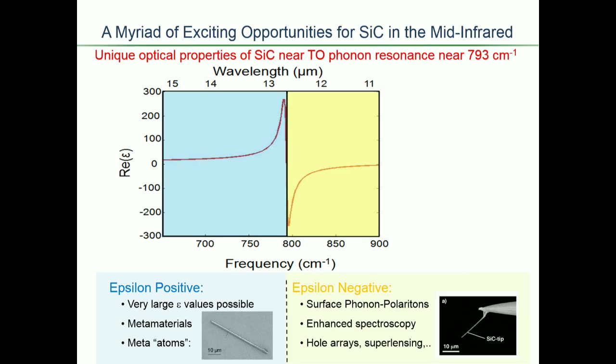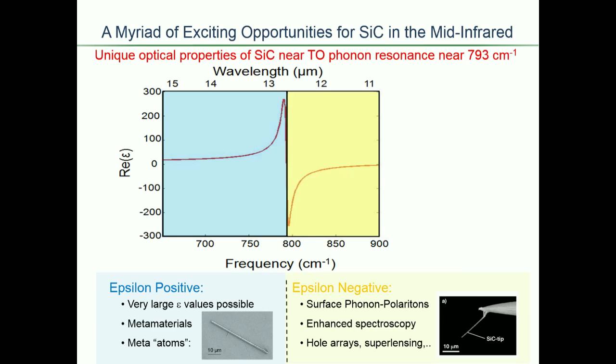One interesting example to us in the earlier days of this field was to look at the high-index structures of silicon carbide rods. So this is in the infrared regime. Silicon carbide, due to a phononic resonance, shows a very strong feature in the real part of the permittivity, where in the high frequency regime you can get a negative index, and you can use plasmonic effects, for example, to do tip-enhanced spectroscopy in the infrared.